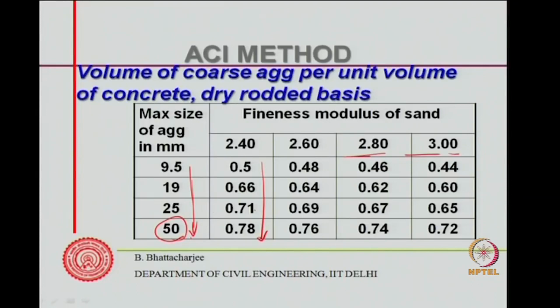Sand content would reduce, and this is related to the fineness modulus of the sand. As the fineness modulus increases, the volume proportion of the coarse aggregate would reduce, because this has something to do with the overall grading or overall packing of the system.